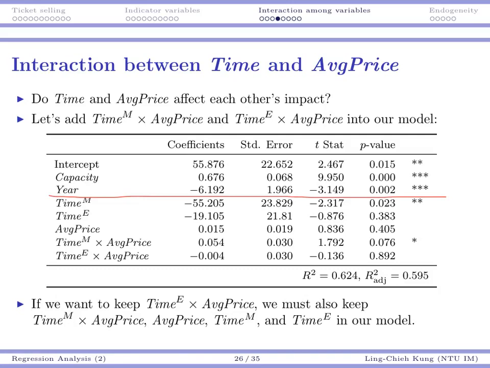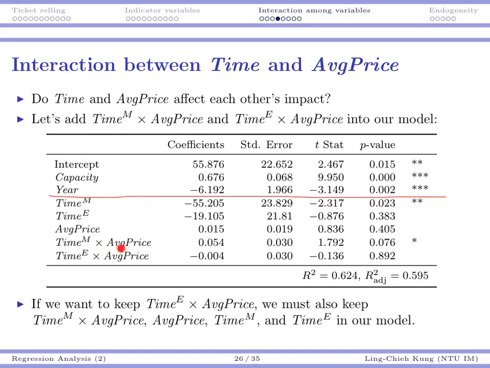And then for time and average price related variables, we find out that average price now becomes insignificant. So average price itself is not significant. But if we take the interaction into consideration, there's a star here. That means the interaction between time M, a morning show, and the average price is significant.